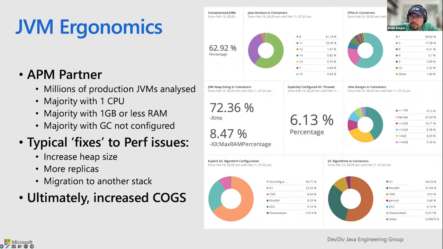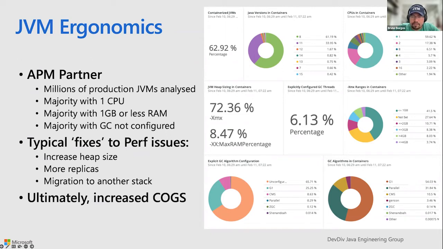Even though developers are using one CPU, the application is running with G1 GC or parallel GC. And as we know, if you have one processor, why would you have a parallel GC or a concurrent GC? There's a question.